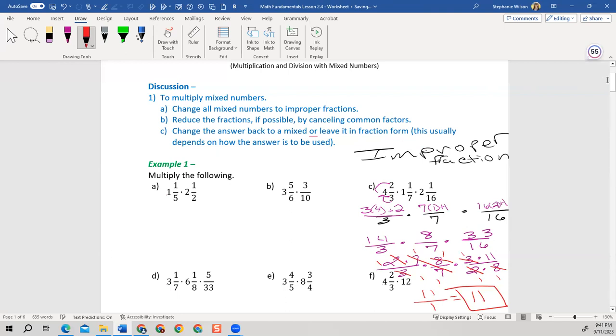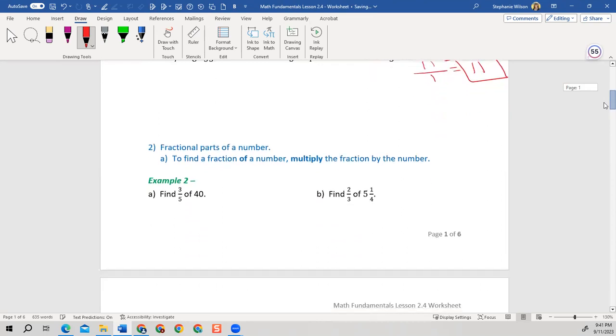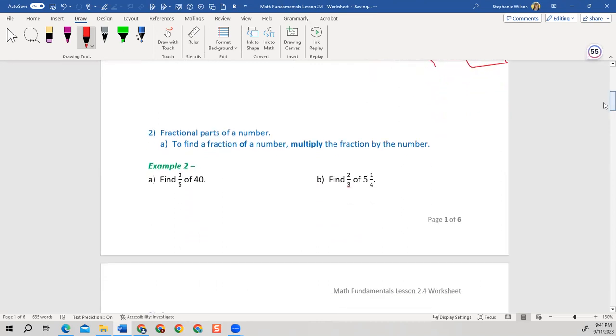So now let's go to the next section. Let's check out this next one. Let's do B. It says, find 2/3 of 5 1/4. All right, of means multiply. So I'm going to take my 2/3 and multiply it by the 5 1/4. I'm going to change the mixed number to improper.